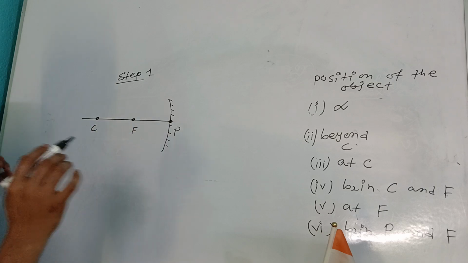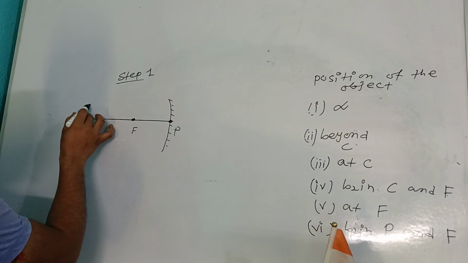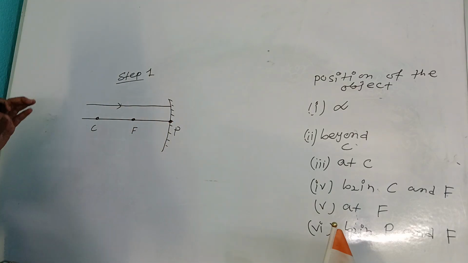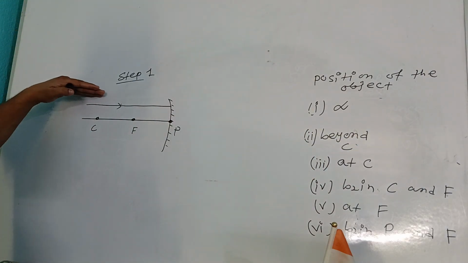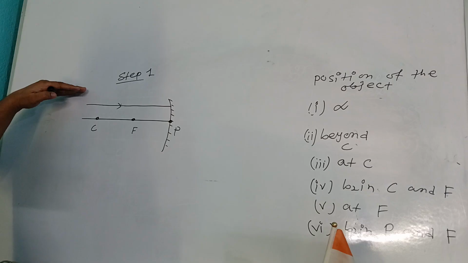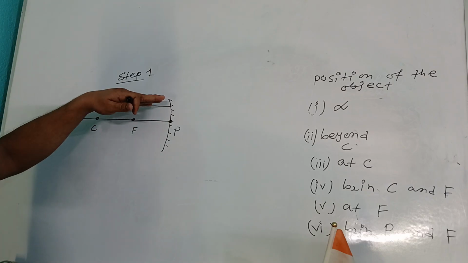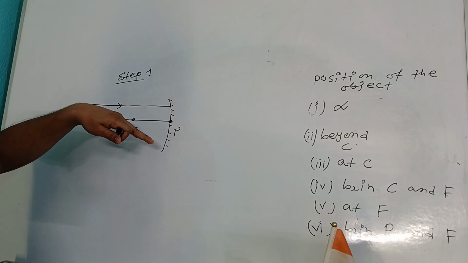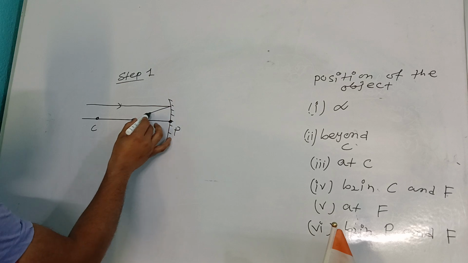So now when the incident ray or incident rays are parallel to the principal axis, then it strikes the concave mirror, so it is falling on a concave mirror. After the reflection, it will pass through the focus.